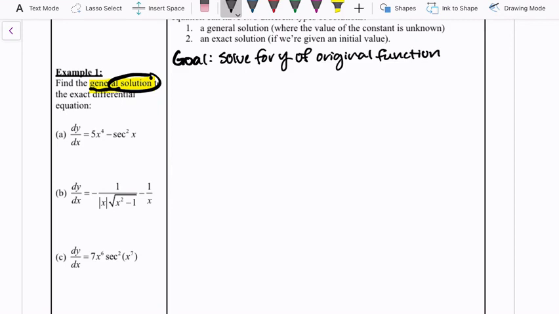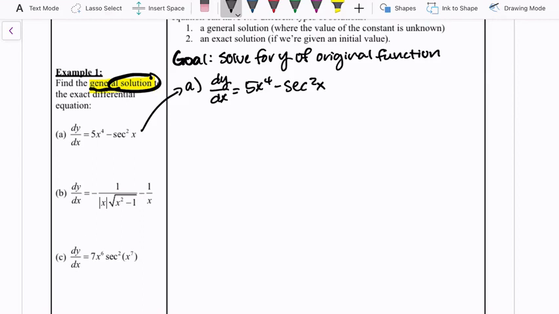Looking at A, we have dy dx equals 5x to the 4th minus secant squared x. Hopefully I've posted another video before this that you watched that explains what a differential was. If I didn't, please let me know and I can go back and post it or explain what a differential is. But what we know is that we're going to think about this dy dx as a fraction.